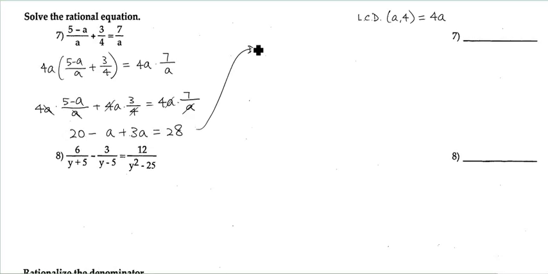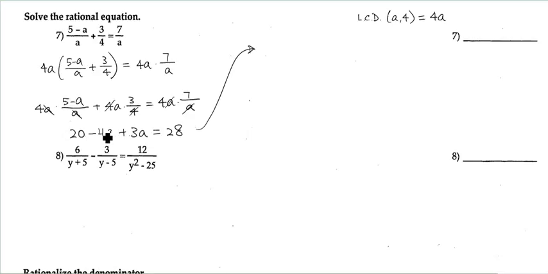So what are we supposed to have? 20 minus 4A. We need to put the 4 over there, it's missing here. So now let's continue. We have a simple linear equation, and we can find what A is.